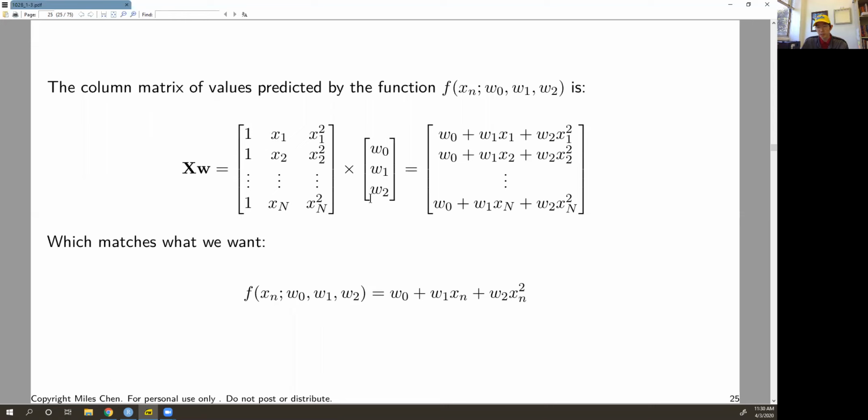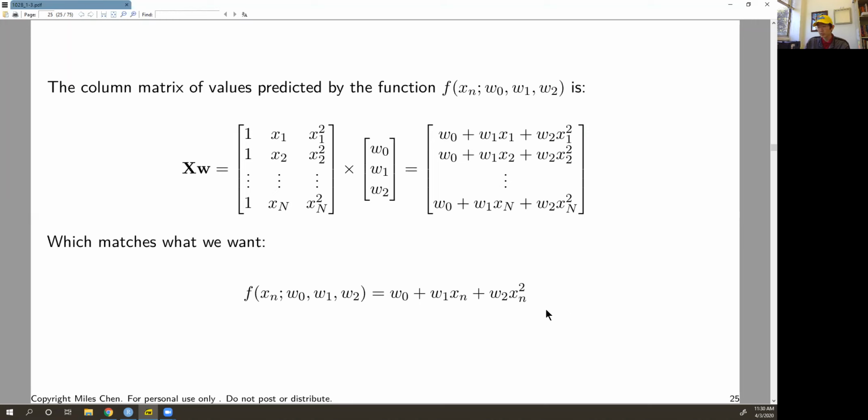W is now a 3 by 1 column matrix with terms W0, W1, and W2. The predicted values are going to be this one single column where we have multiplied X times W. So this is n by 3, this is 3 by 1, and the result is an n by 1 column matrix of predicted values.